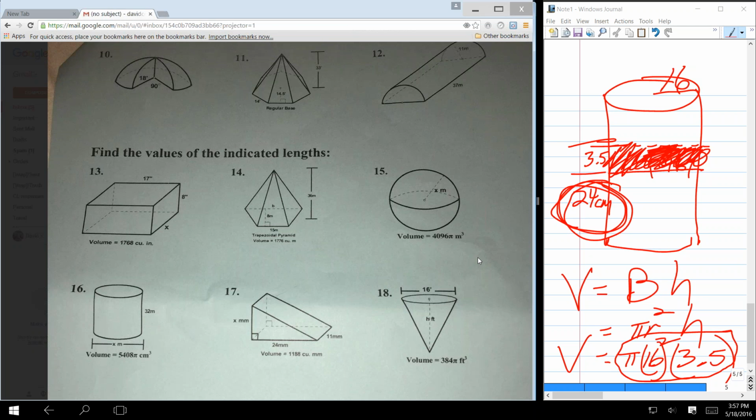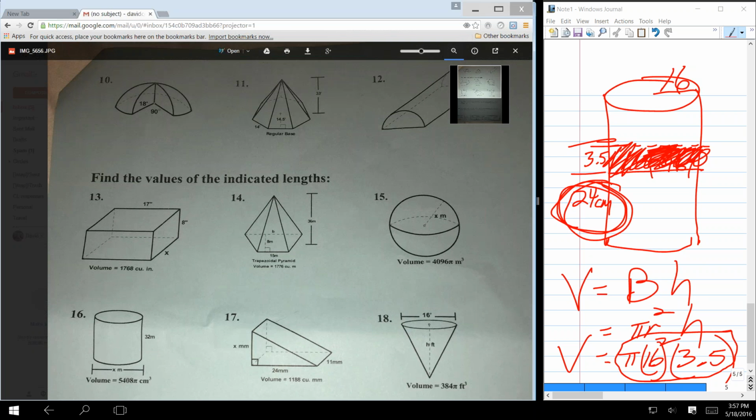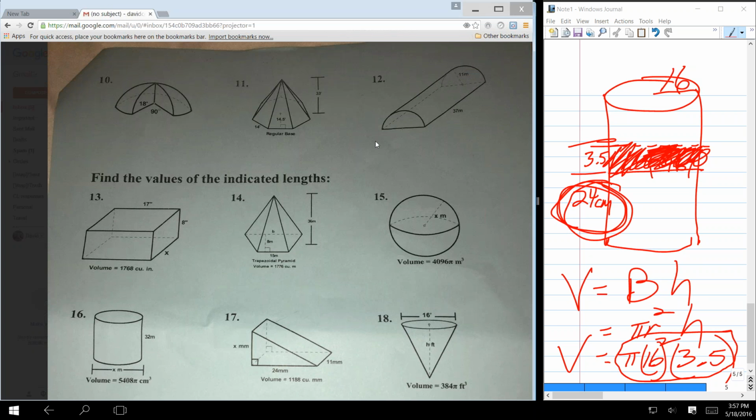So make sure you know all general formulas. In other words, volume of a sphere, volume of a cone, volume of a prism, volume of a cylinder, volume of a rectangular solid. Make sure you know all of those volumes, and then it really becomes just a question of filling in the missing numbers.